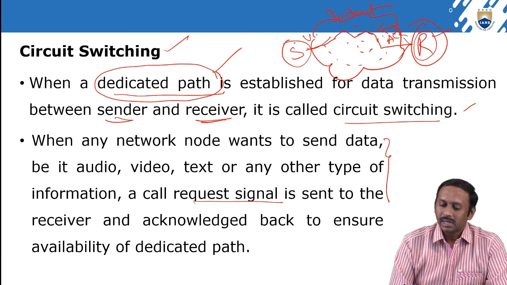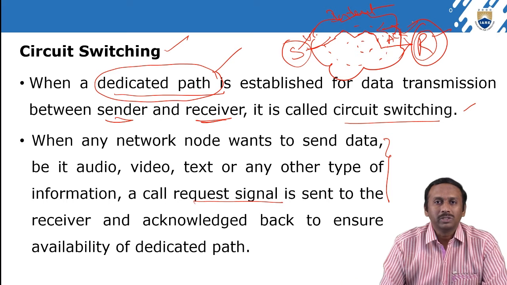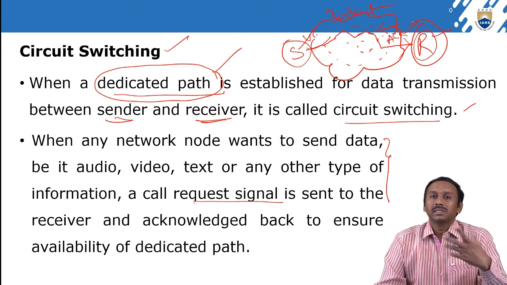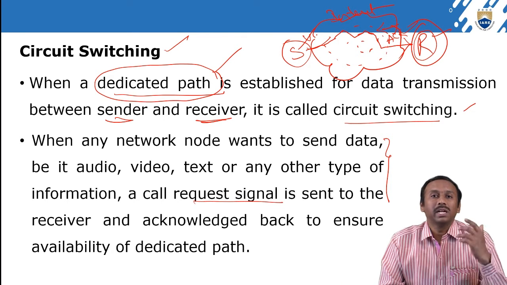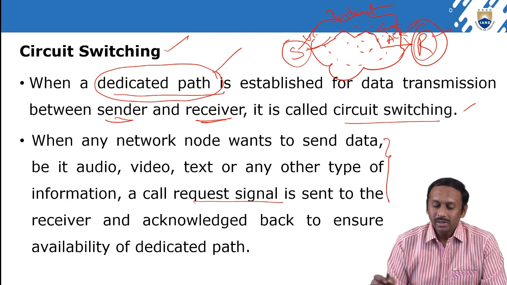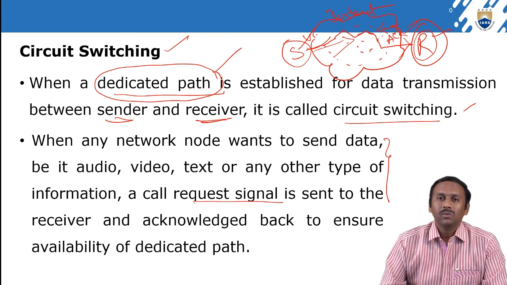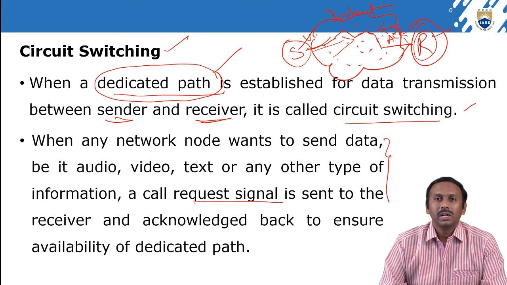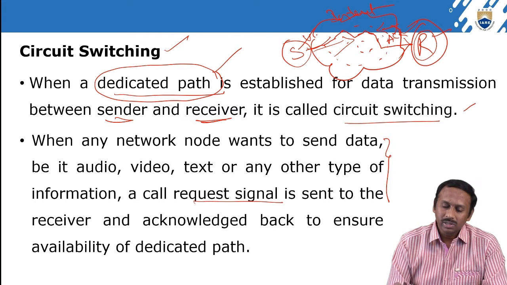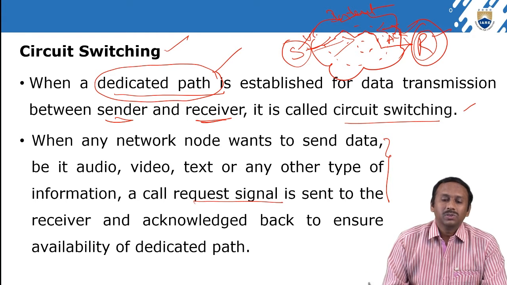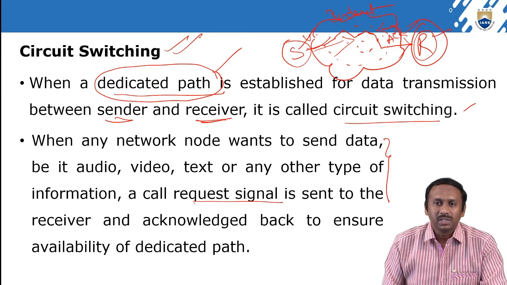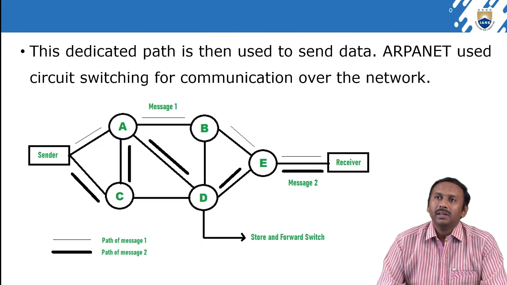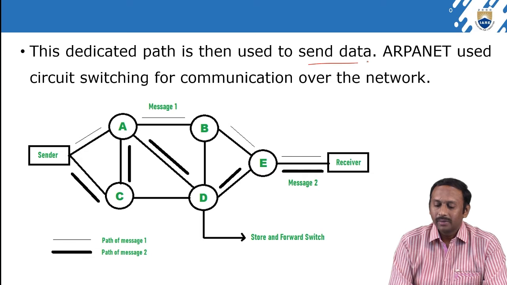Once the sender receives this acknowledgement, the sender knows the receiver is ready to accept the data. Then the sender transmits the data, maybe audio, video, or multimedia data, successfully. That is what happens in circuit switching. This dedicated path is used to send data.